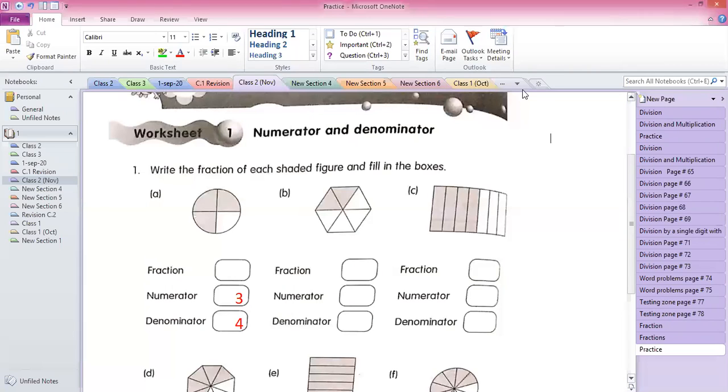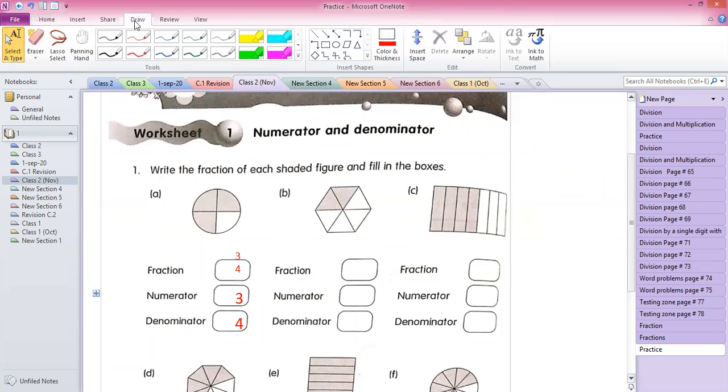So I will write 3 up and 4 down, like this, and there should be a fraction sign.